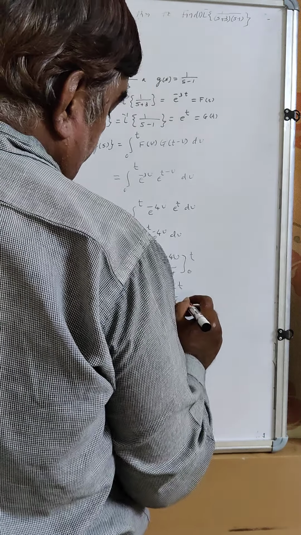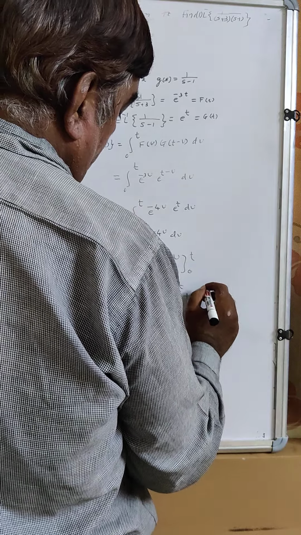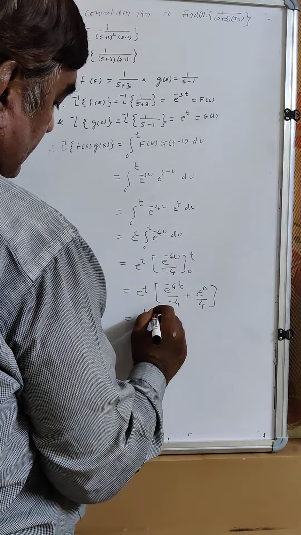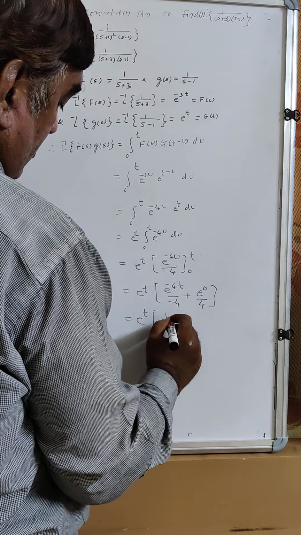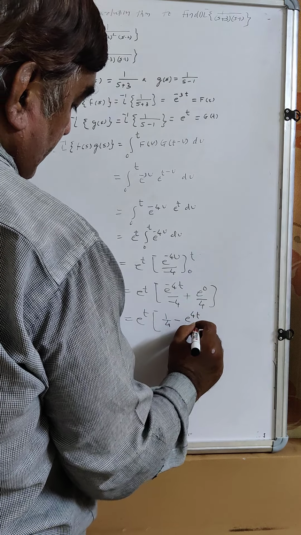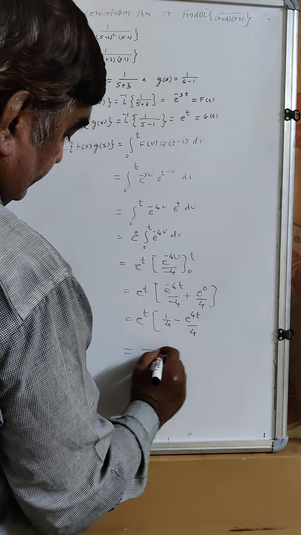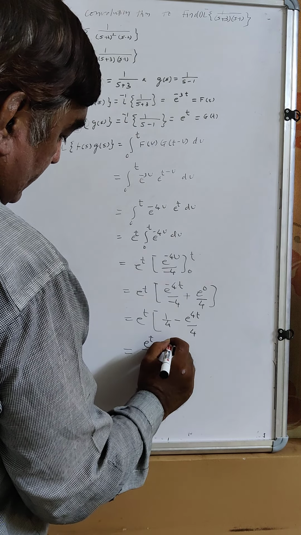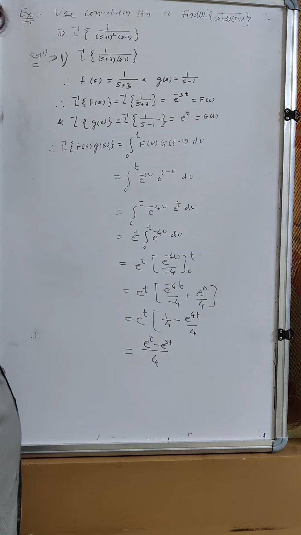For the lower limit, minus minus becomes plus, e raised to 0 upon 4, and e raised to 0 is 1. So e raised to t times 1 by 4 minus e raised to minus 4t upon 4, which is equal to e raised to t minus e raised to minus 3t upon 4. Denominator is same.